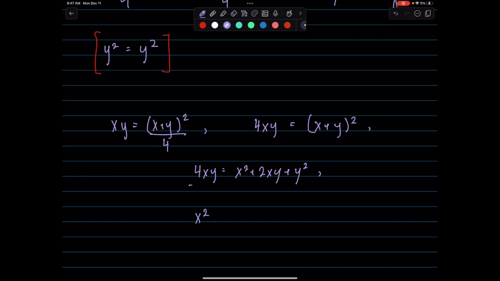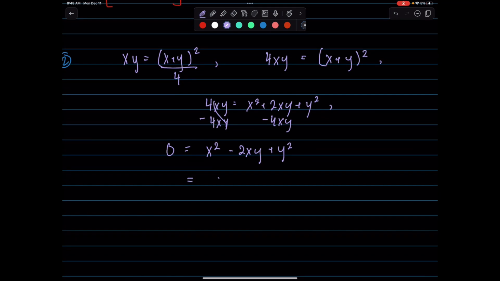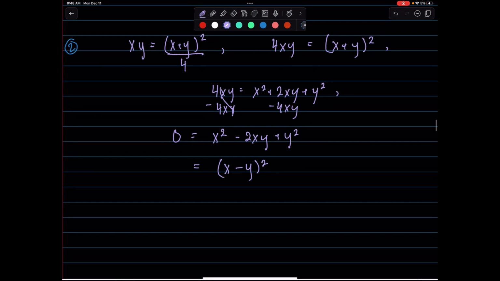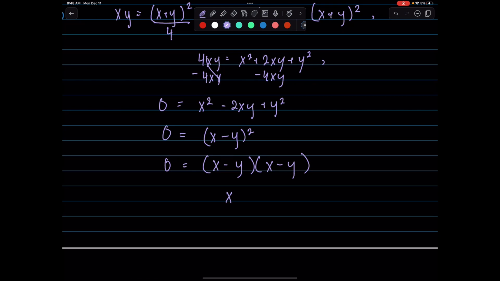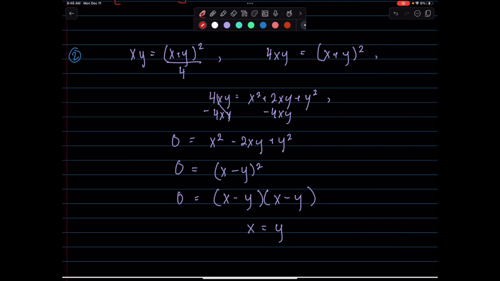Then subtract this out. And then this is the same as (x minus y) squared. And if you factor this, you get x minus y, and if you solve for the roots of this, x equals y, right?